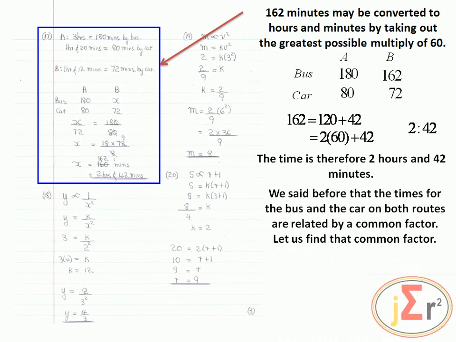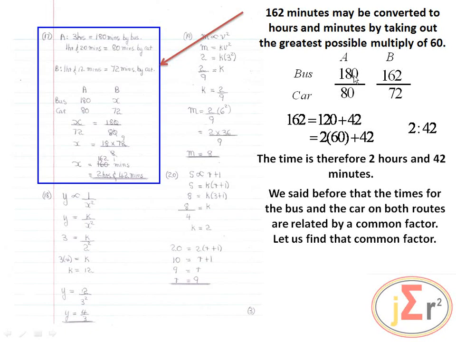We said before that the times for the bus and the car on both routes are related by a common factor. Let us find that common factor. If we take route A, the times for the bus and the car are related by a factor.